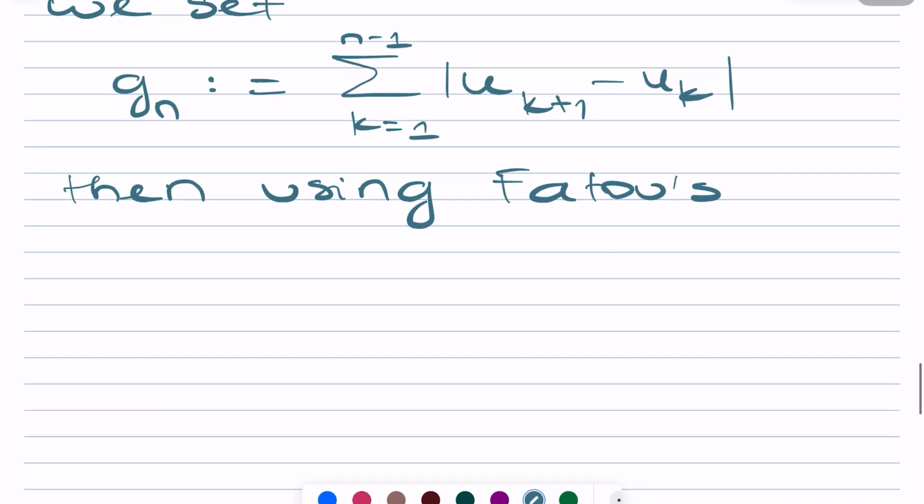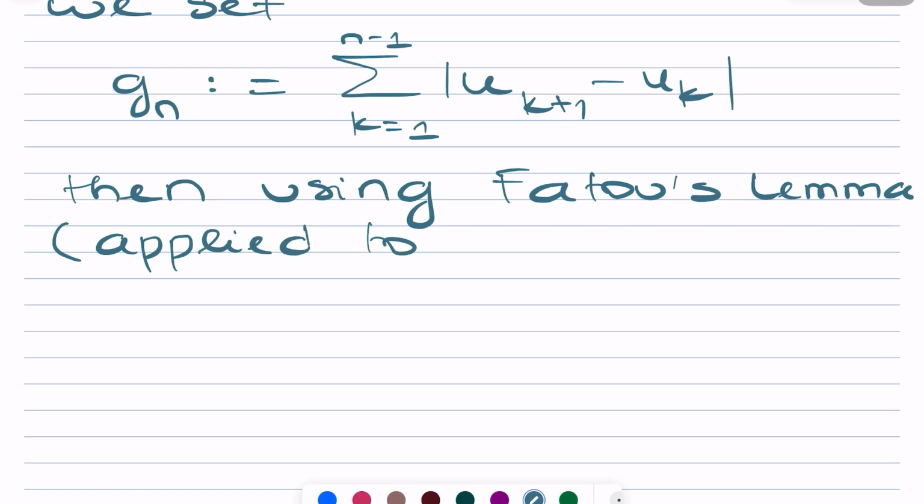So then using Fatou's lemma, we apply it to Gn to the power p, which is still greater than 0.